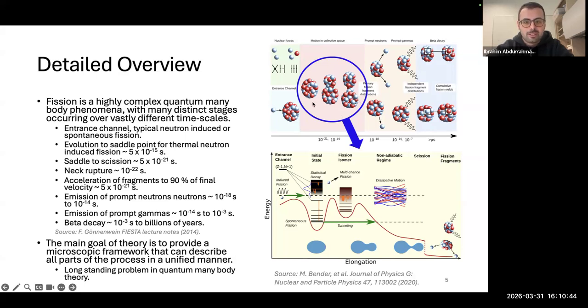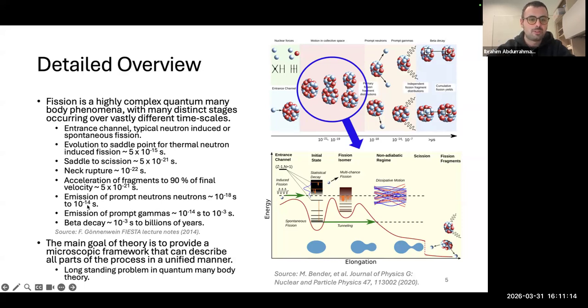The part that's highlighted by the circle, which is defined by the potential energy surface I showed above, is the fastest part of the fission process. You can see it happens on the scale of 10 to the minus 22 seconds. For comparison, you're going to see the emission of neutrons start at 10 to the minus 18 seconds. So that's 4 orders of magnitude separation.